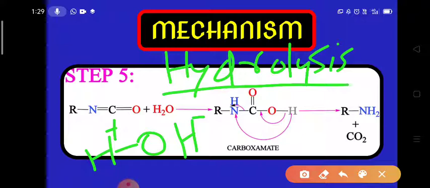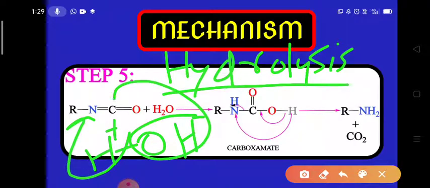We know very well that the electronegativity of nitrogen is high compared to carbon. So here the H plus ion moves onto the nitrogen and the hydroxyl ion moves onto the carbon. As a result, we get this neutral intermediate compound, which is called the carbamate.